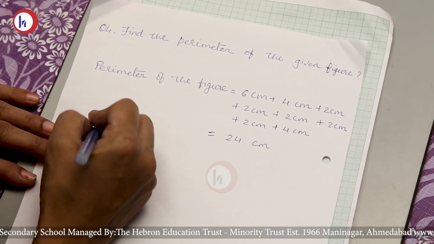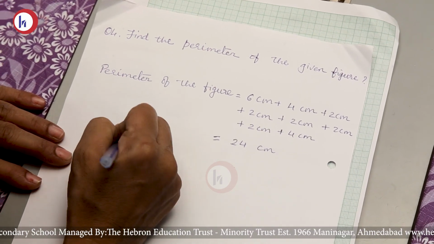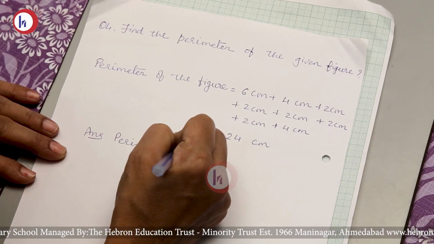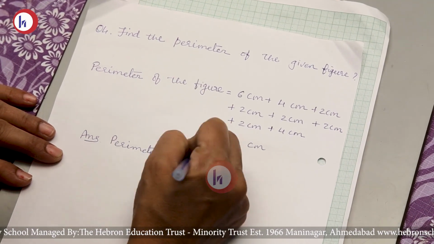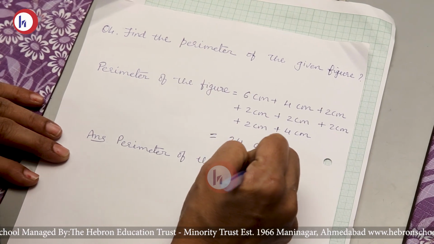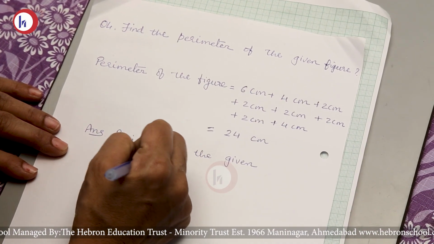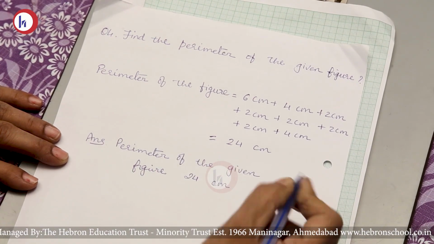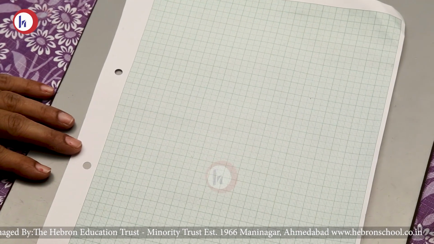So, perimeter of the given figure is 24 centimeter.